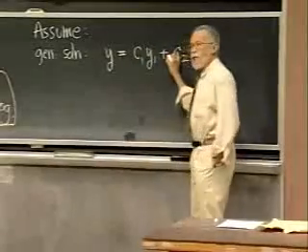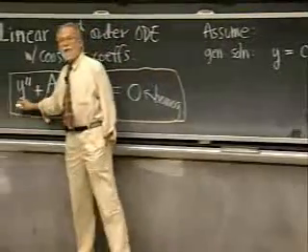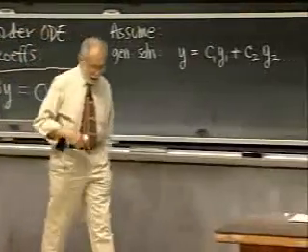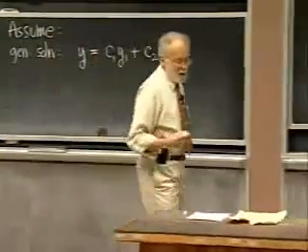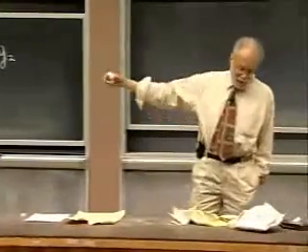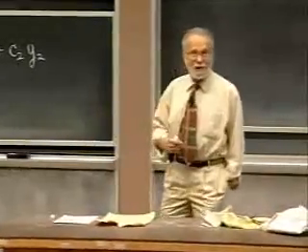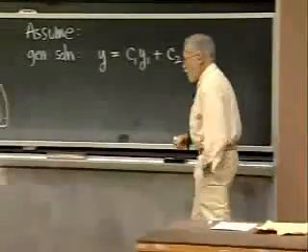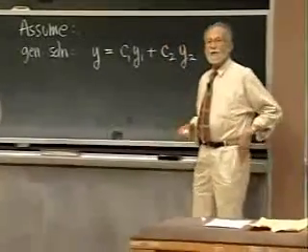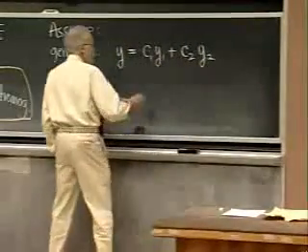So these are 2 arbitrary constants corresponding to the fact that we're solving a second-order equation. In general, the number of arbitrary constants in the solution is the same as the order of the equation, because if it's a second-order equation, that means somehow or other, it may be concealed, you're going to have to integrate something twice to get the answer, and therefore there should be 2 arbitrary constants. That's very rough, but it sort of gives you the idea.